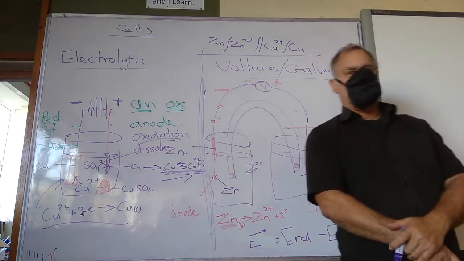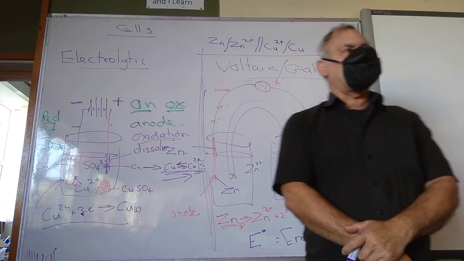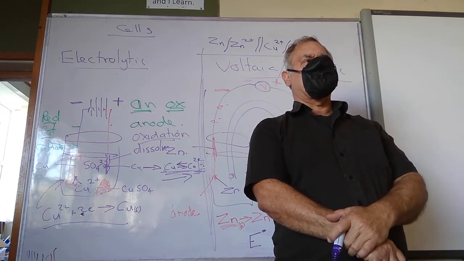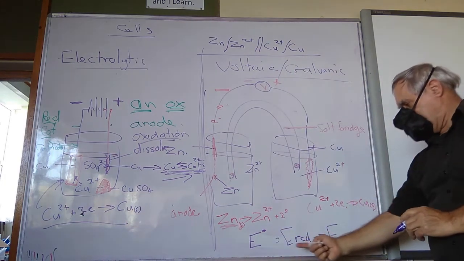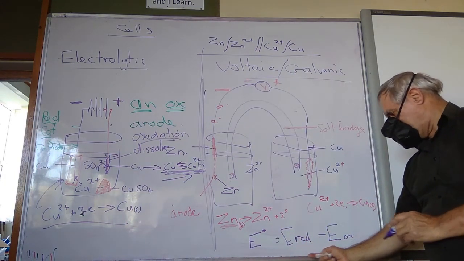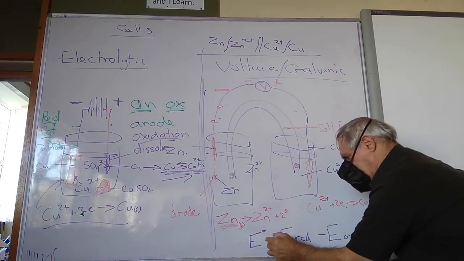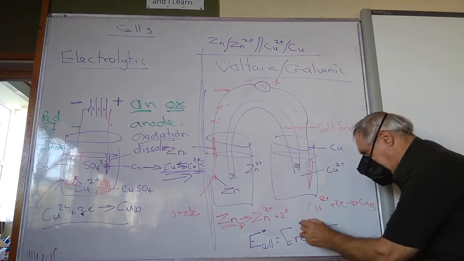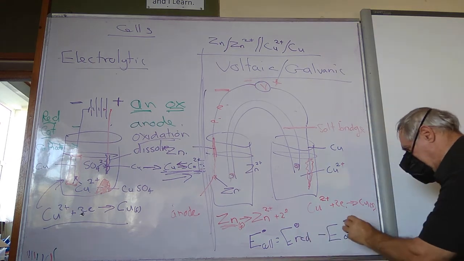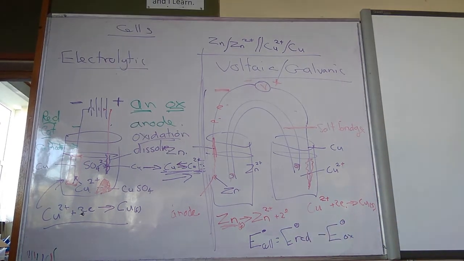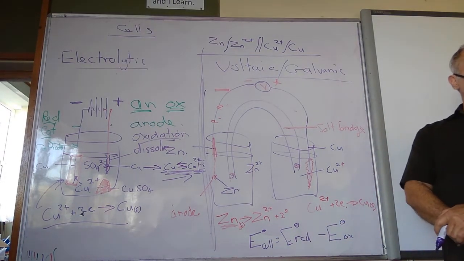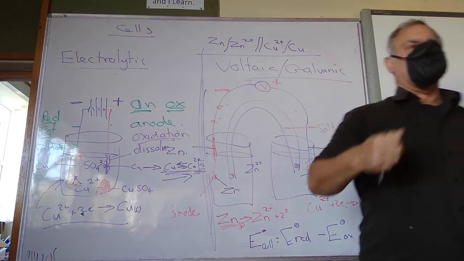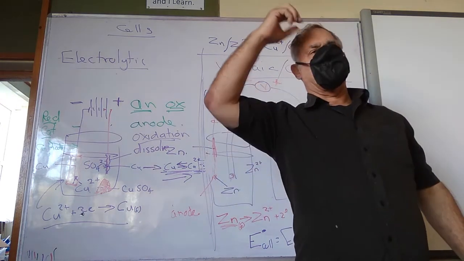If anyone has got a textbook or something that they could look it up, the paper 2 data sheet has got a formula like this. It's got the E theta of the cell equals the E theta reduction minus the E theta oxidation. And you'll find it, and anyway I'll revise it. But I can't remember the exact formula.